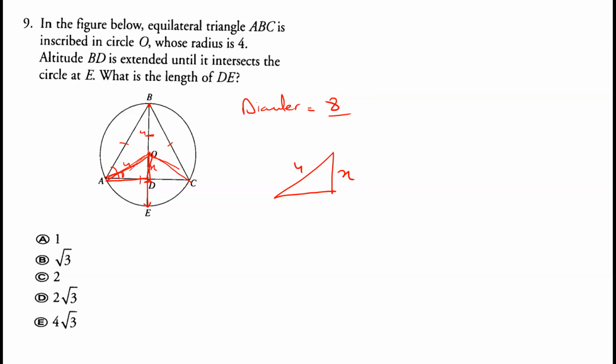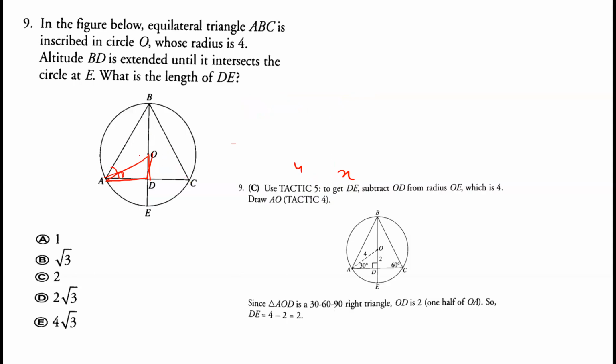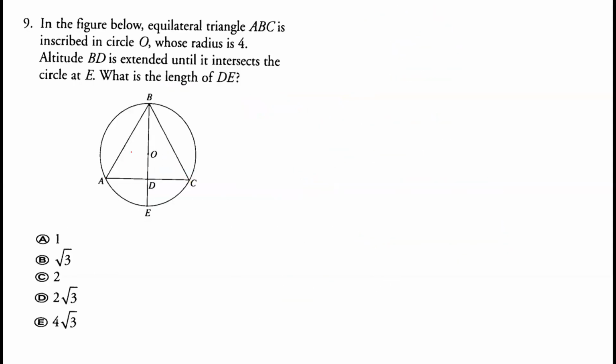Now, if you look closely, we have made this diagram over here. So these total angles will be 360. So we have this angle, and this whole angle.